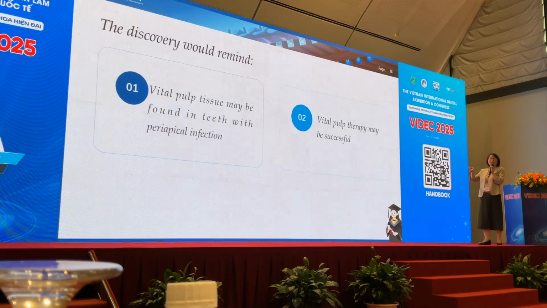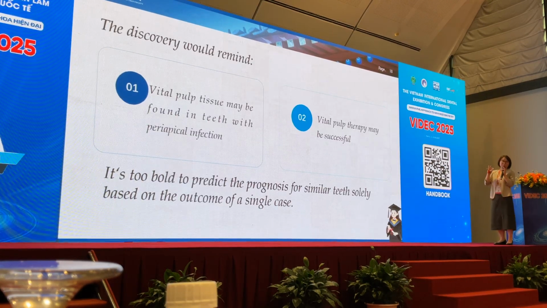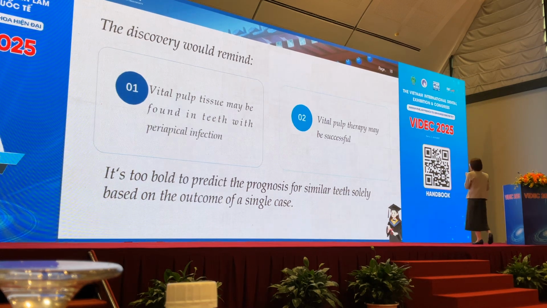And vital pulp surgery may be successful. But definitely, we cannot predict the prognosis for similar teeth solely based on the outcome of a single case.